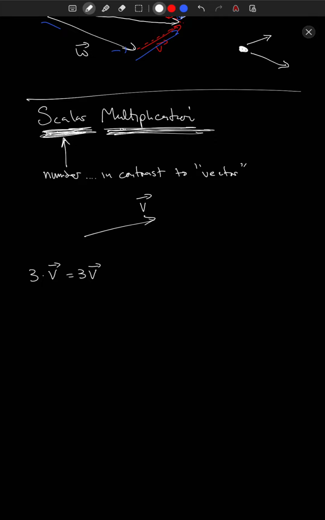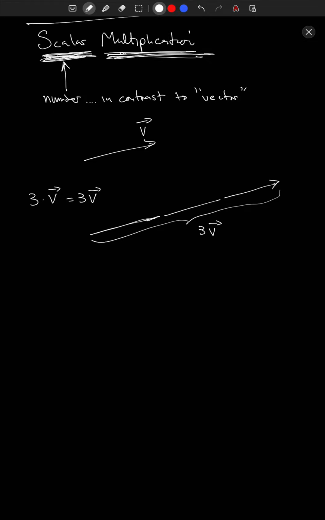In terms of the geometric picture of vectors, it is very simple. 3v would be the same exact vector pointing in the same direction, except 3 times longer. If this is one length of v, this is a second length of v, this is a third length of v, this guy right here would be 3v. Same direction, but 3 times the length.